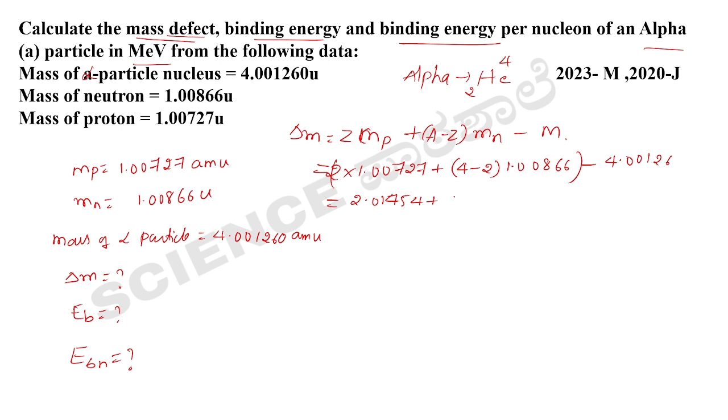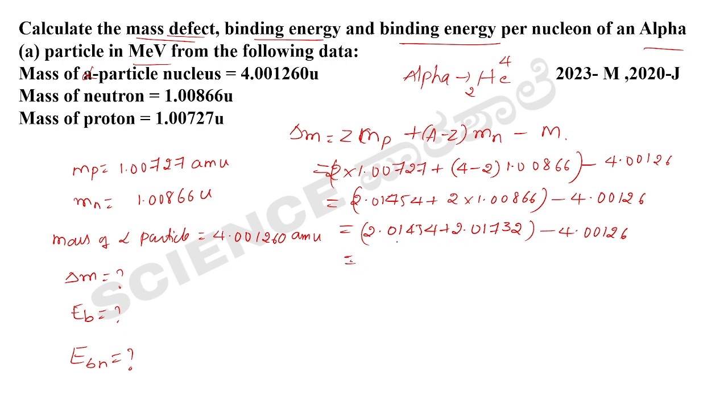If you do this, 2 into 1.00727 is 2.01454, plus 4 minus 2, which is 2, into 1.00866, which is 2.01732, minus 4.00126.